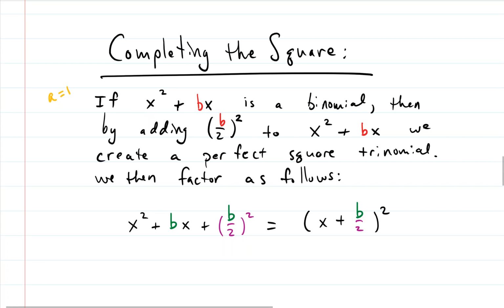If it doesn't, in the situation you're given, you'll need to divide every term by whatever a is to make it 1. The second thing you notice is we have no constant term right there. It's just missing. So if you're given a problem with a constant term, you just simply take it to the other side of the equation, or move it to the side, do what you're doing, and then bring it back afterwards.